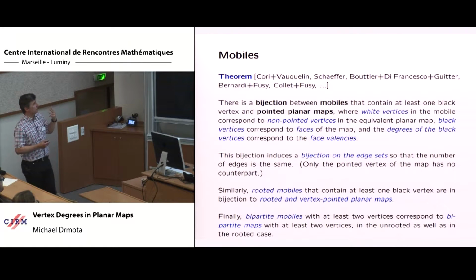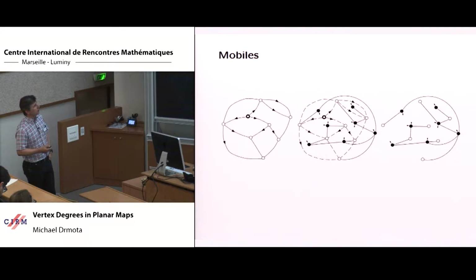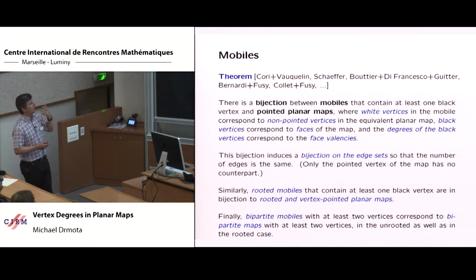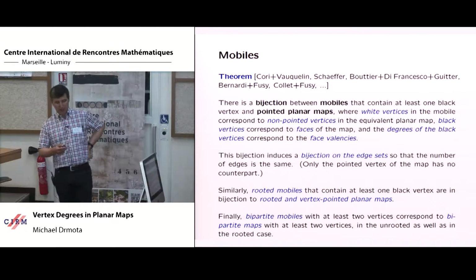And there are several relations between these mobiles and pointed planar maps. The white vertices of the mobile correspond to the vertices of the planar map. So here's the corresponding mobile. The white vertices correspond to the vertices of the map. Only the pointed vertex disappears in the bijection, but can be recovered, of course. And what is the other relation? The black vertices of the mobile correspond to the faces of the map.